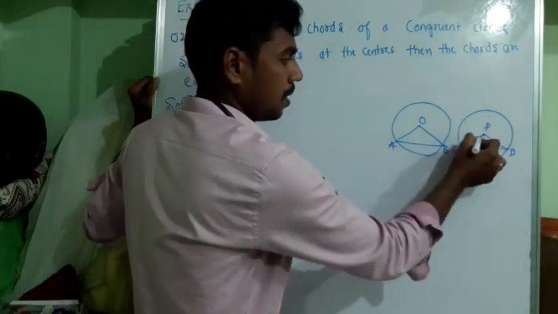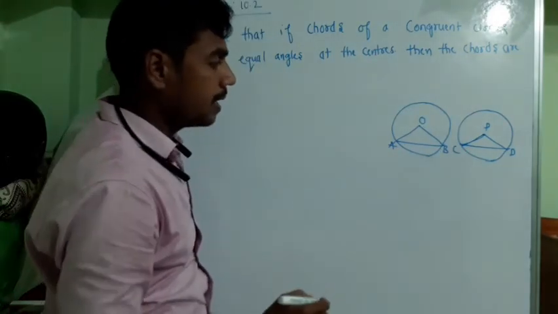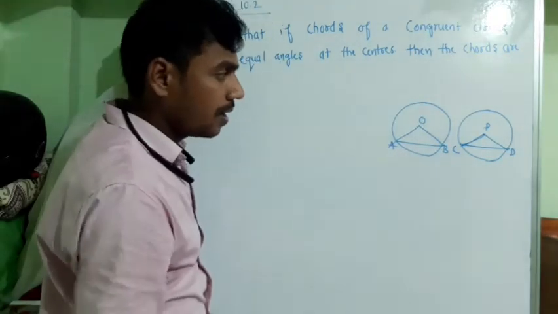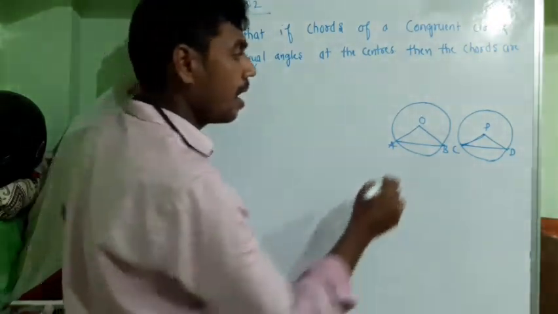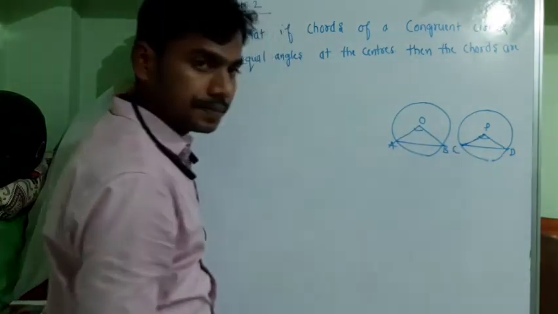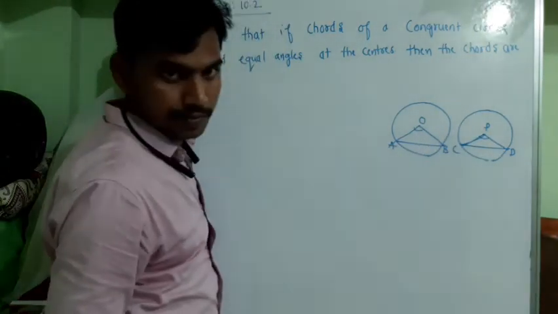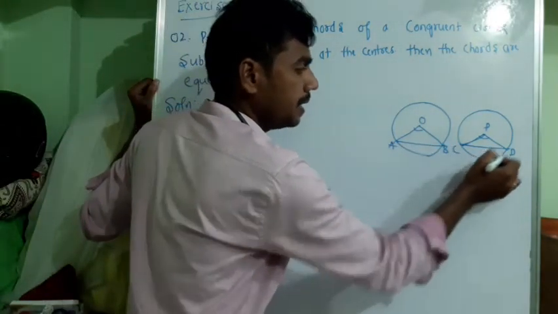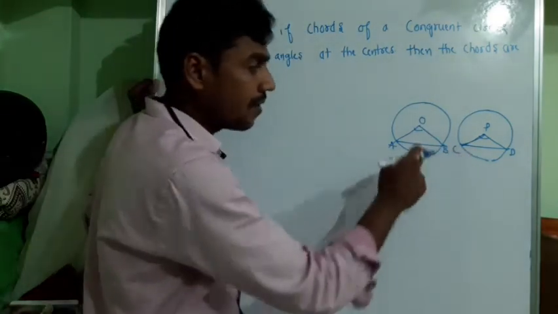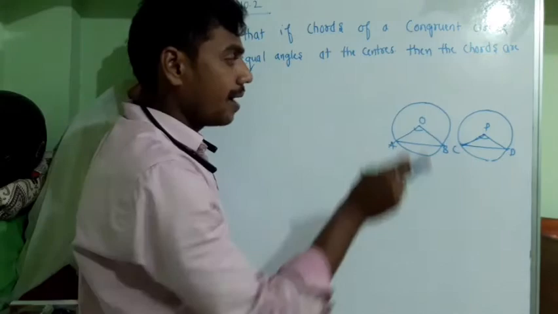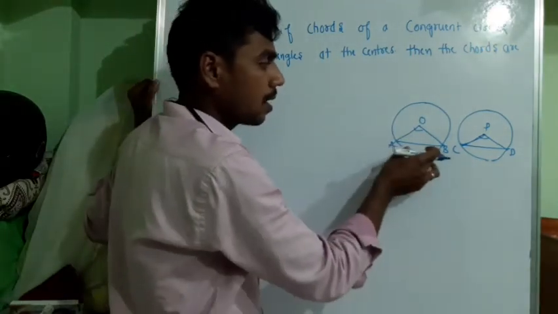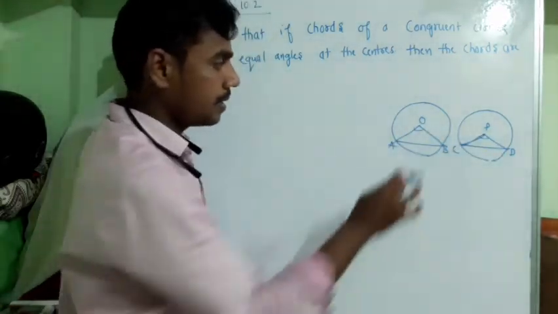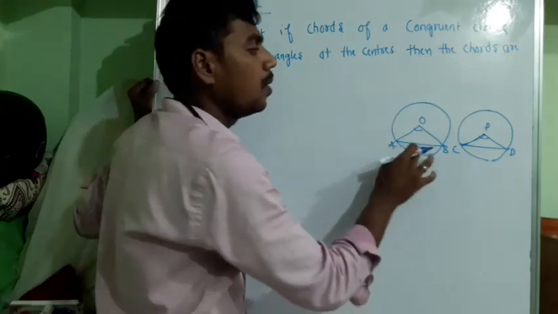Now, what the problem is stating is that if the angles subtended by the chords of congruent circles at the center are equal, then the chords are equal.